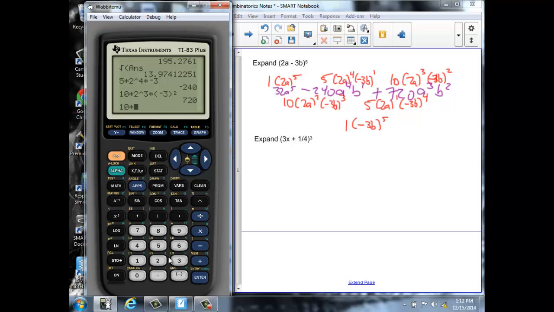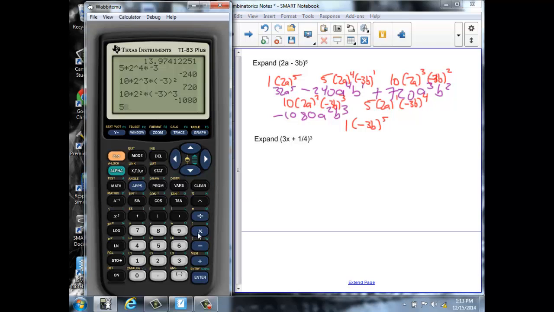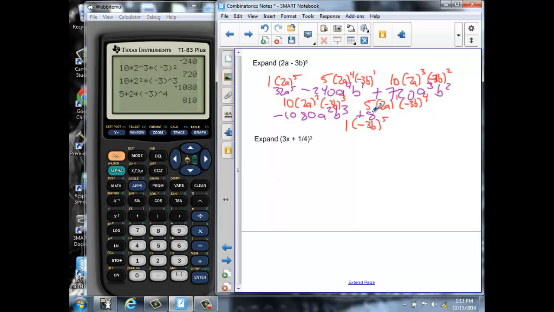The next one would be this. So then the next one is 10 times 2 squared times negative 3 to the 3rd, which is negative 1080. And now you have A squared and B to the 3. Next one is 5 times 2 to the 1, so just 2, times negative 3, and that one now goes to the power of 4.